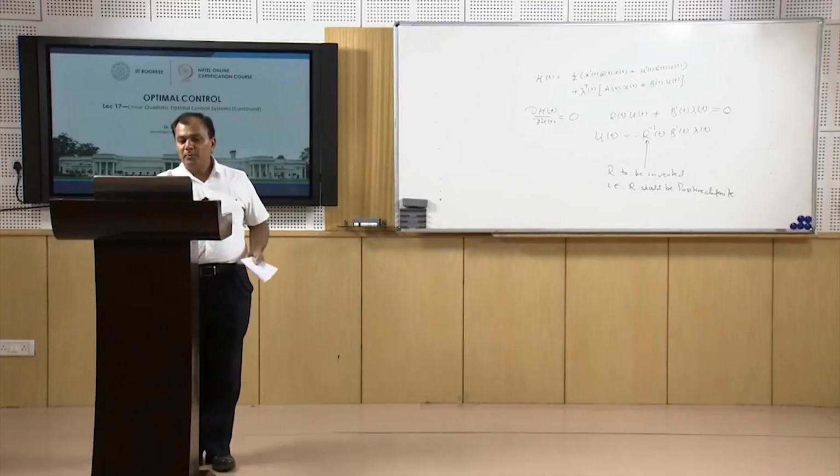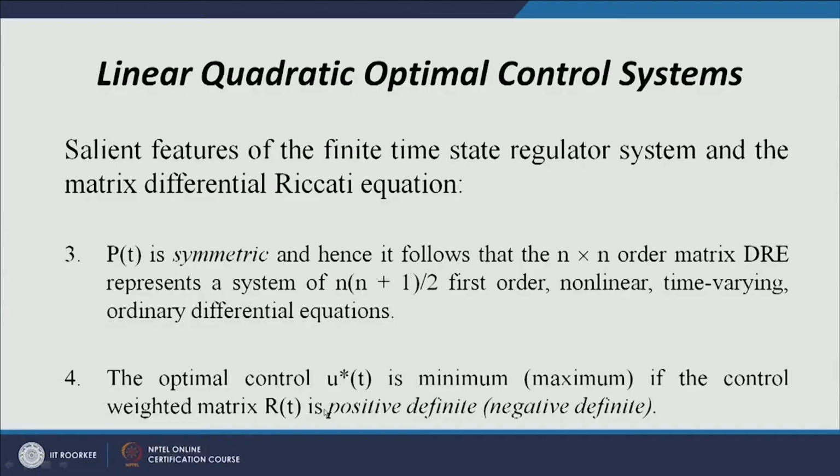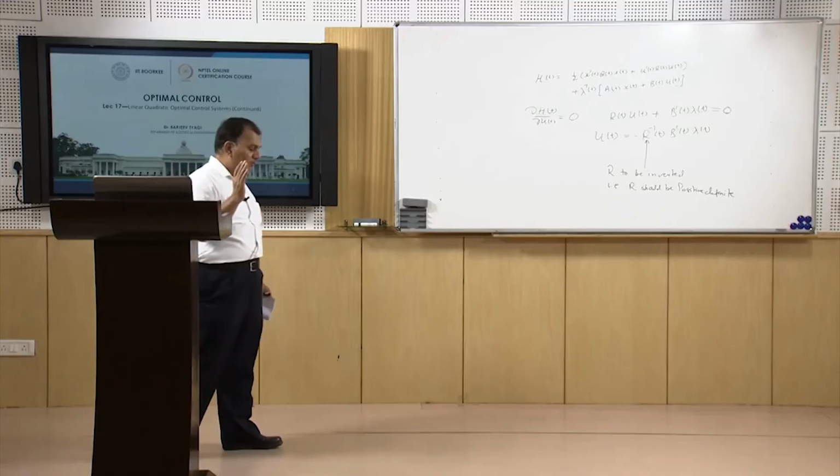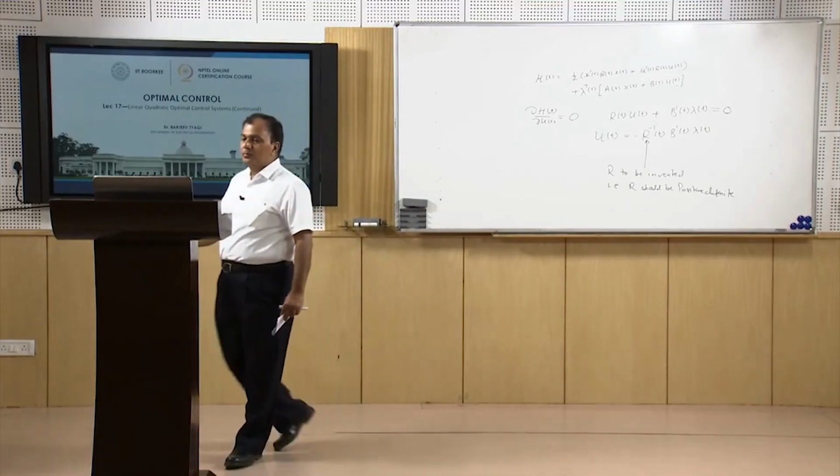So, my R should be positive definite, and later we will show that if R is positive definite, then it will satisfy the condition of minima, which is my sufficient condition, which in the later part of our discussion we will prove.